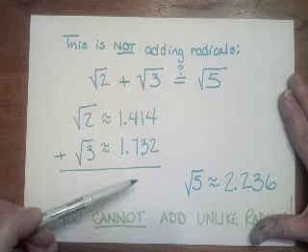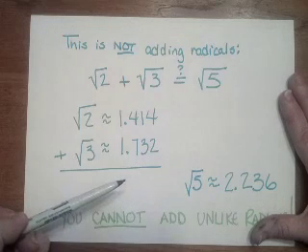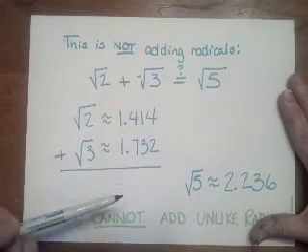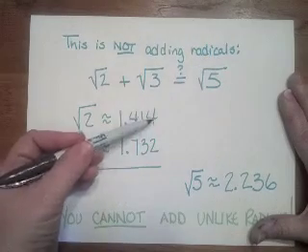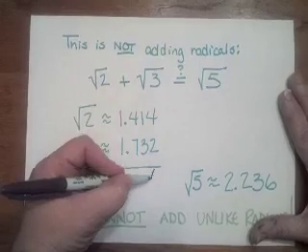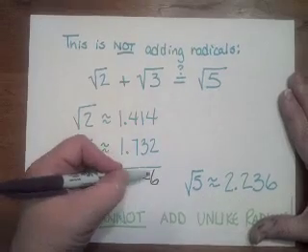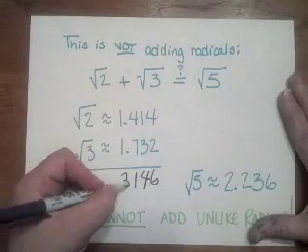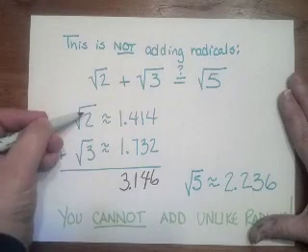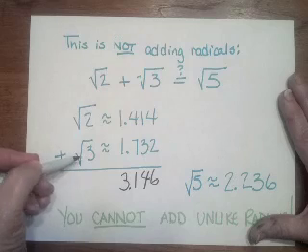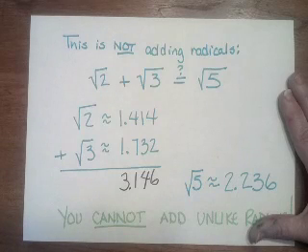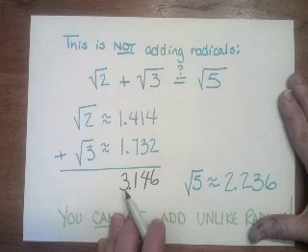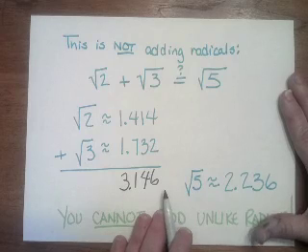And remember, these are both irrational numbers, so of course, this is not the end of the number, this is just the first 3 decimal places. And if I add them together, I get 3.146. So the square root of 2 plus the square root of 3 equals something on the order of 3 and 146 thousandths.